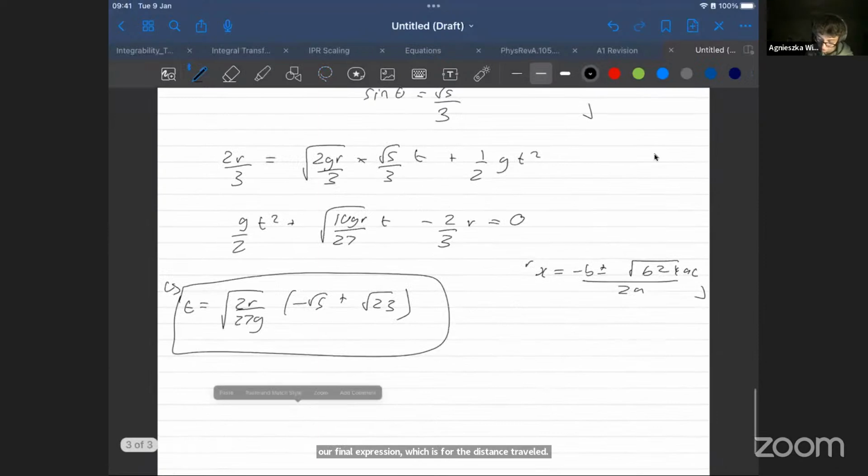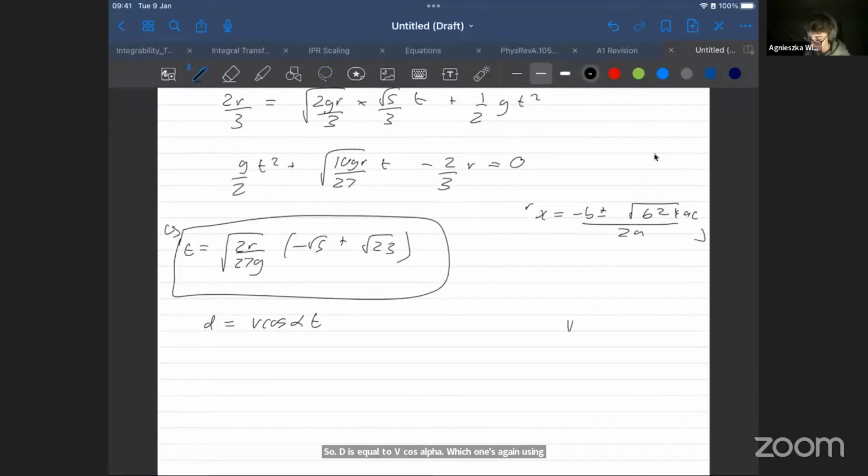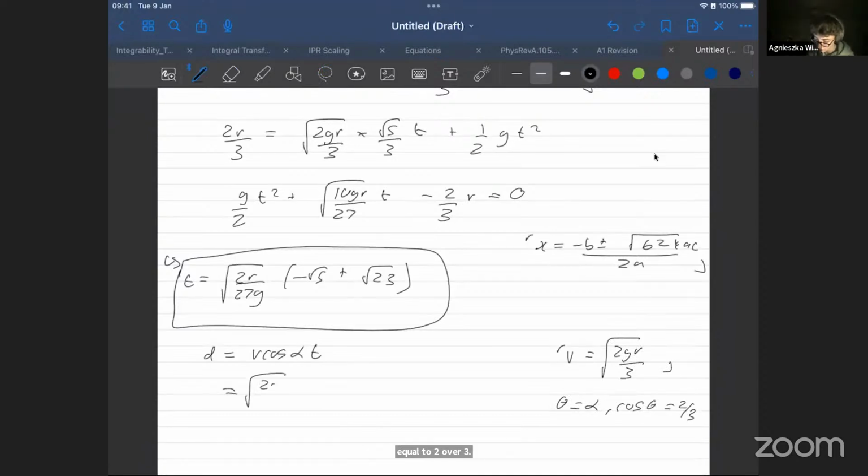So d is equal to v cos alpha, which once again, using the fact that v is equal to the square root of 2gr/3, and theta is equal to alpha, and cos alpha is equal to 2/3. This can be written as the square root of 2gr/3 times 2/3 times the time, which we have just found above, so the square root of 2r over 27g times minus 5 plus the square root of 23.